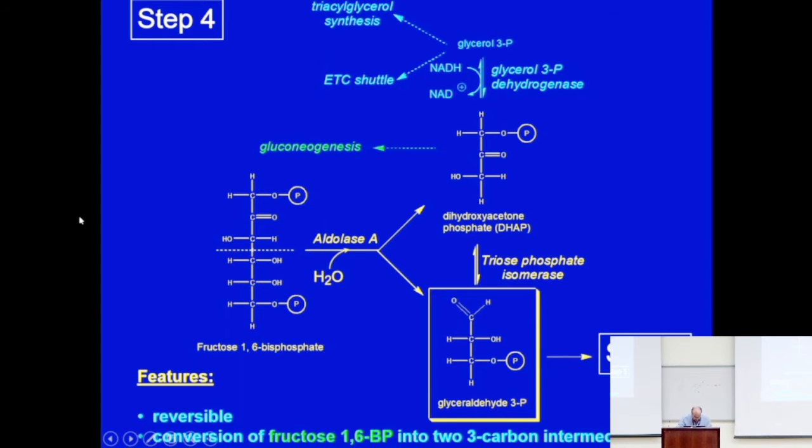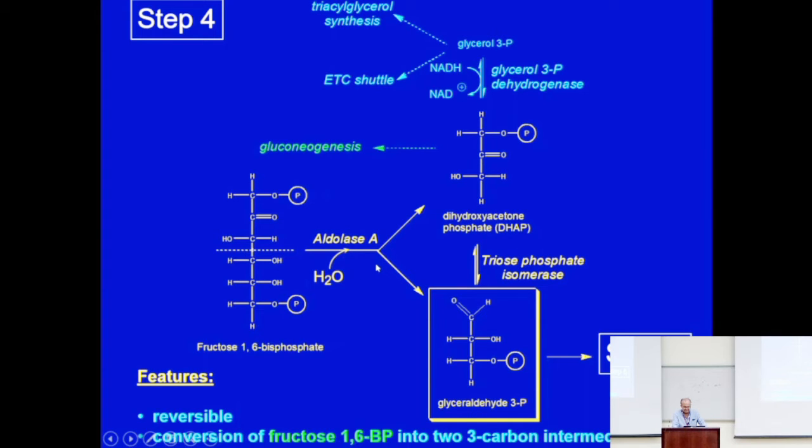So basically, you're breaking the molecule in half. The top half becomes DHAP, the bottom half becomes glyceraldehyde 3-phosphate. You don't worry about the structural details here, but just know what is produced by aldolase A.